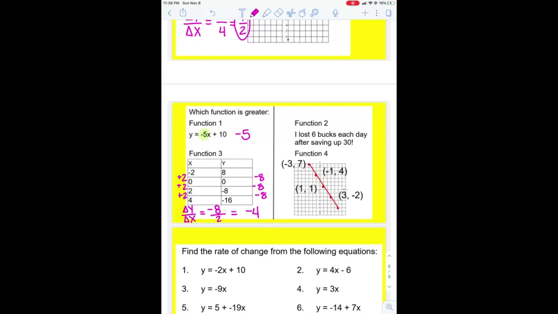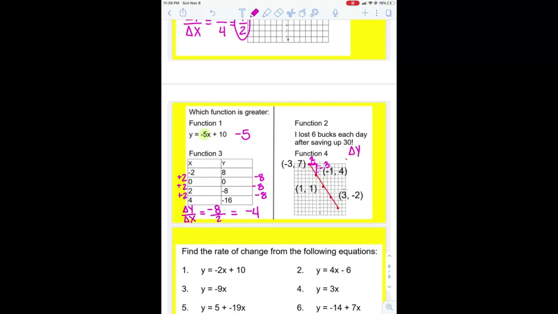And lastly, on the graph, I'm going to do my rise over my run. So I draw my little triangle. I realize my run is 2. And once again, my line is sloping down, so I'm going to have a negative rise. And I realize that it goes down 3.